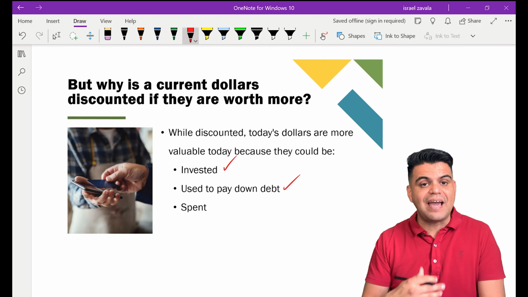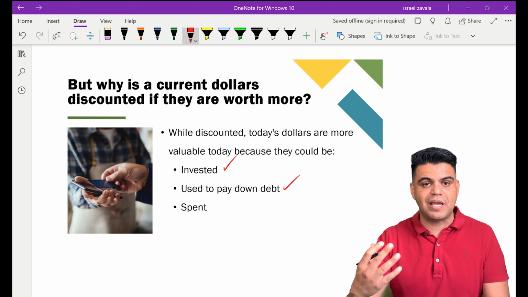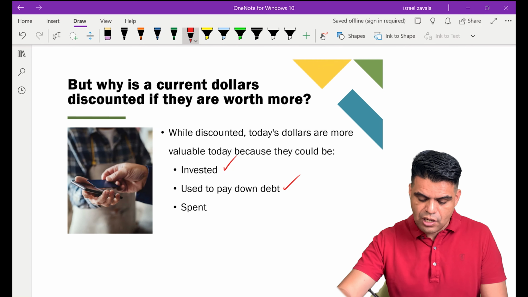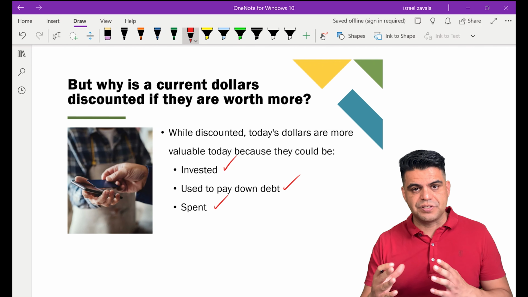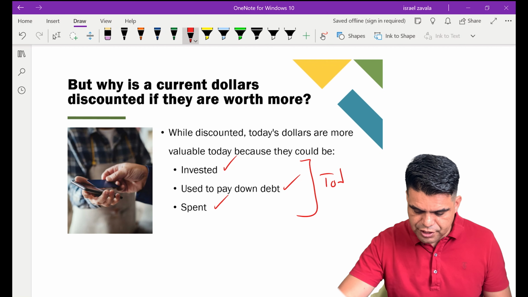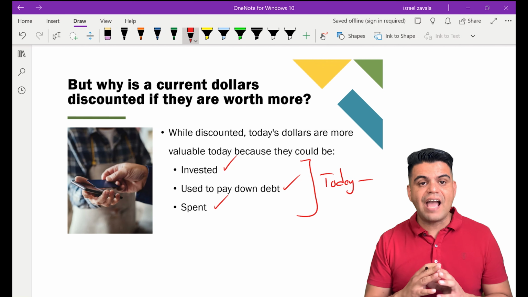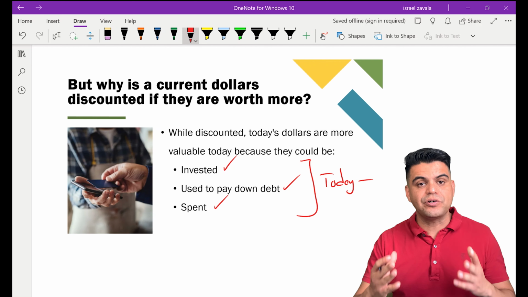You can use that money to pay down debt, which will save you in interest payments in the future, right? Or you can spend that money on goods and services. But all of this you can do today. You don't have to wait a year out into the future to get your money.